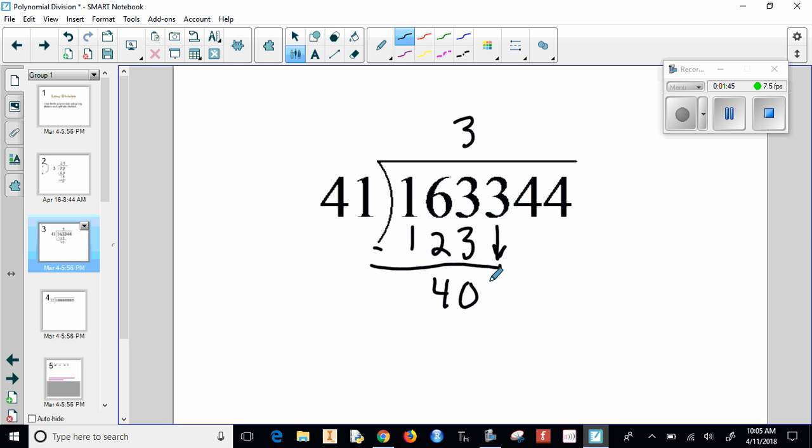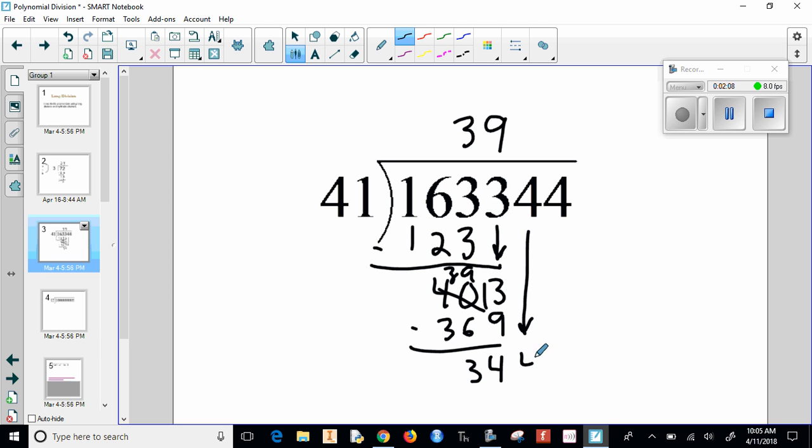How many times does 41 go into 403? I'm going to guess 9. And that's 36. And now that turns to a 39. And that turns to 34. And so on and so on. And hopefully you understand where we're going from this. I don't want to spend a whole bunch of time on that.